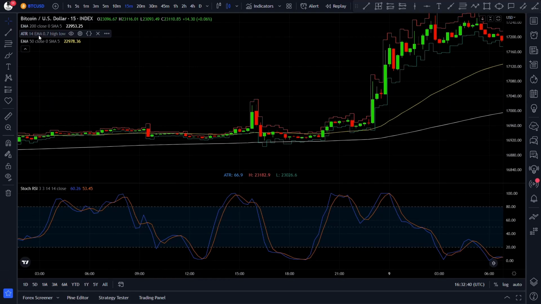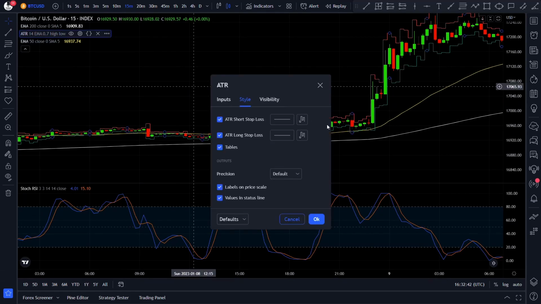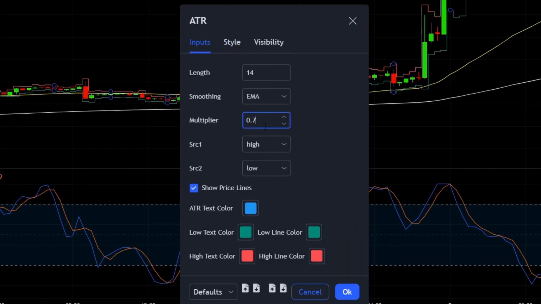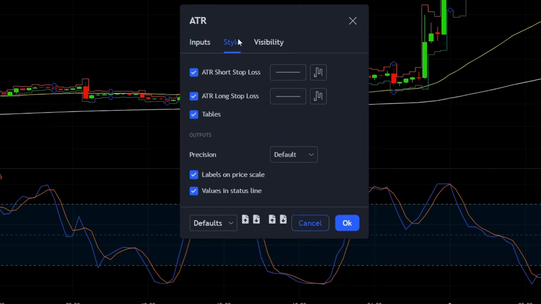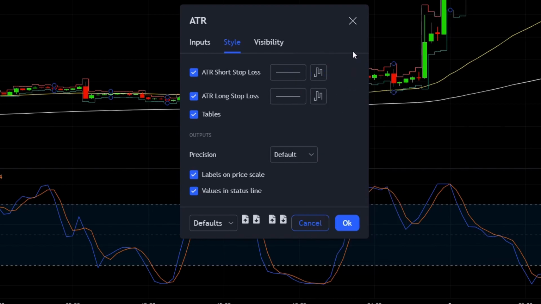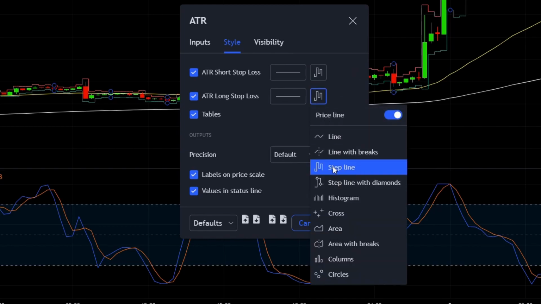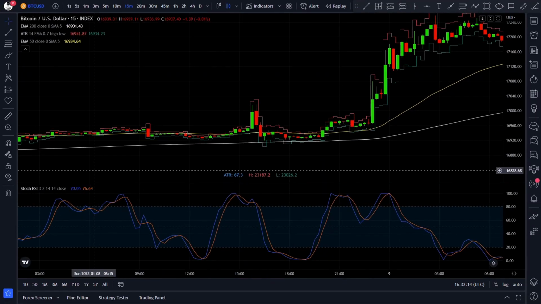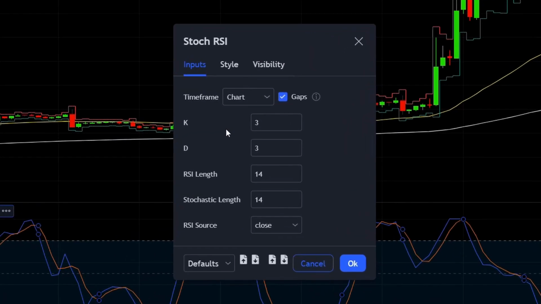Finally, go into the ATR stop loss indicator settings and give it a 0.7 multiplier. It is also a good idea to change the stop loss lines to step line. Okay. On the stochastic RSI, we won't need to change any settings, so leave it as it is.